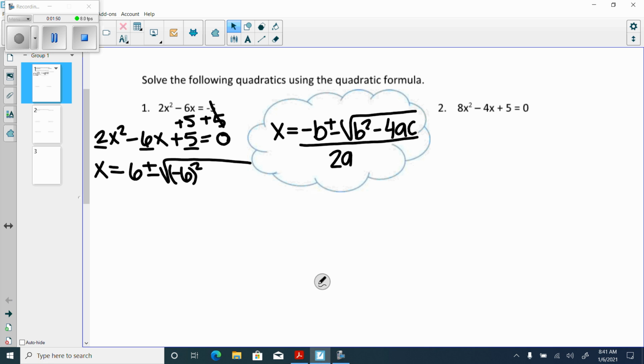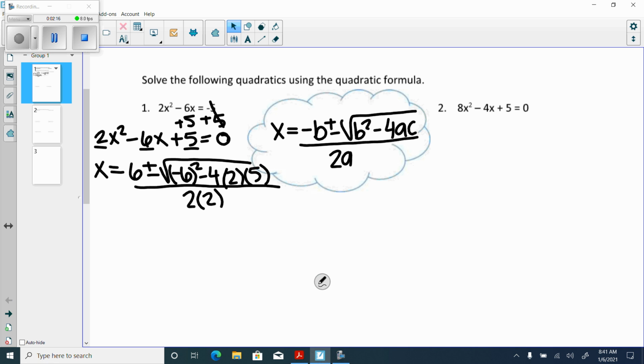Make sure you put parentheses around it since it's negative. If you're going to type it in your calculator, you've got to have the parentheses. Minus 4 times a, what's a? Good. Times c, which is 5. And this is all over 2 times a, which you guys said was 2.